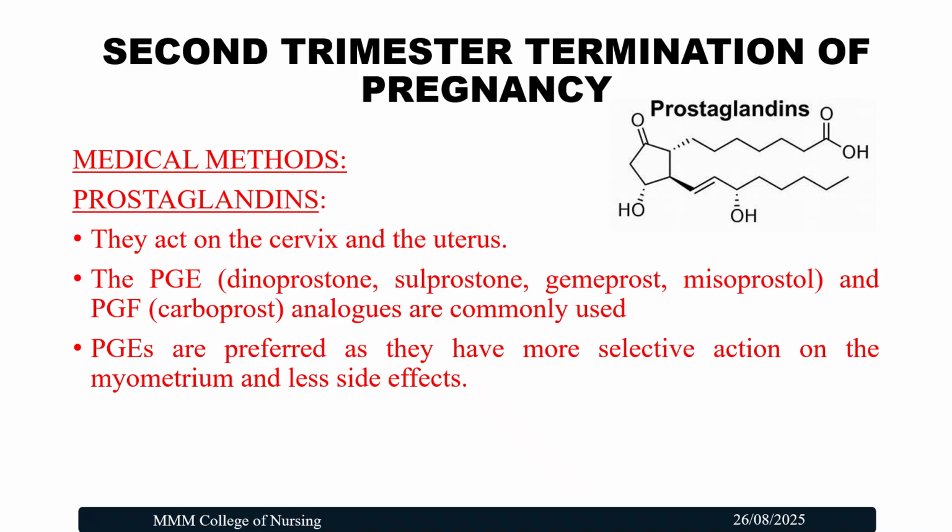Coming to the second trimester termination of pregnancy. The first medical method in the second trimester of pregnancy: first they give prostaglandins. They act on the cervix and the uterus. Prostaglandins, for example, are dinoprostone, sulprostone, gemeprost, misoprostol, and other prostaglandins.